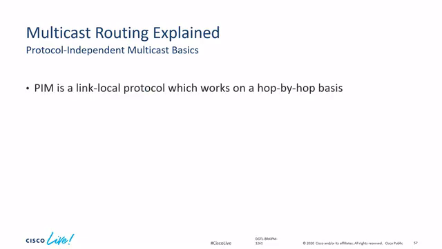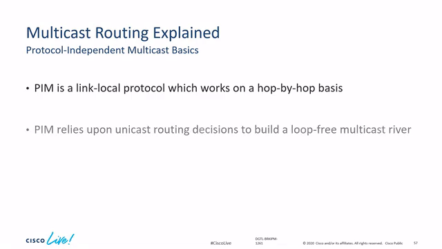PIM, Protocol Independent Multicast, is a link local protocol, which means it's one hop. It's between two routers, and it works on that hop-by-hop basis. And it relies upon the unicast routing decisions to build that loop-free multicast river or canal.